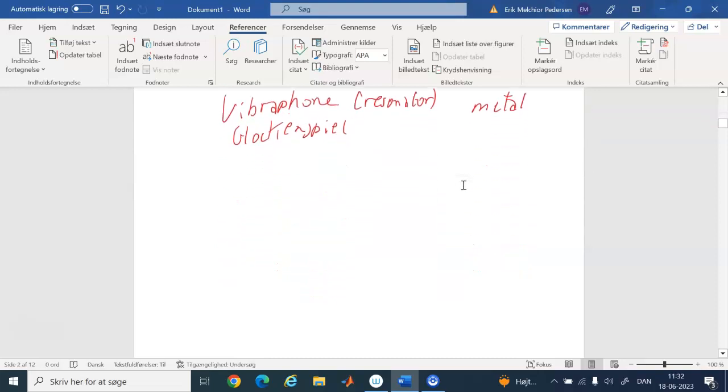Then we have other examples of idiophones. You can also have a slagwerk.